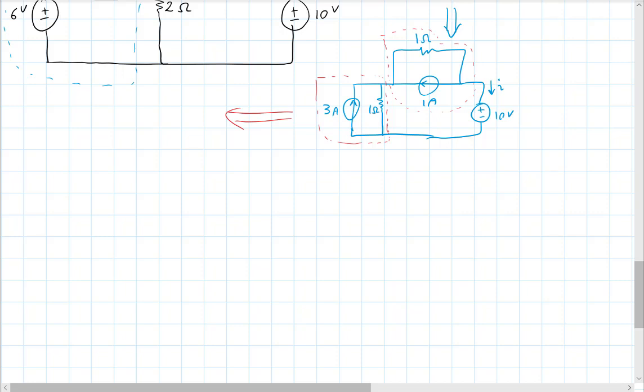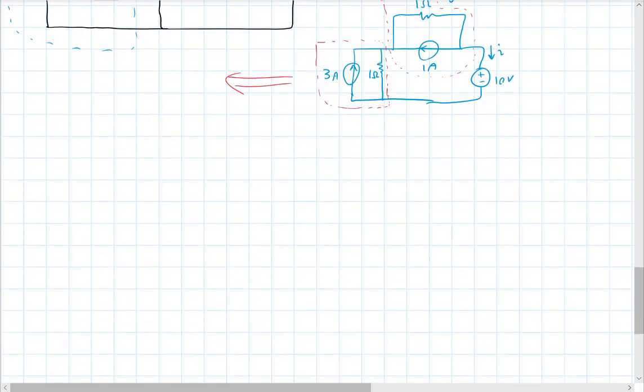If I want to convert that to a Thévenin circuit, I end up with a 1 ohm series resistance and I times R. That would be my Thévenin voltage. So I end up with this. So 3 times 1, which is 3 volts.